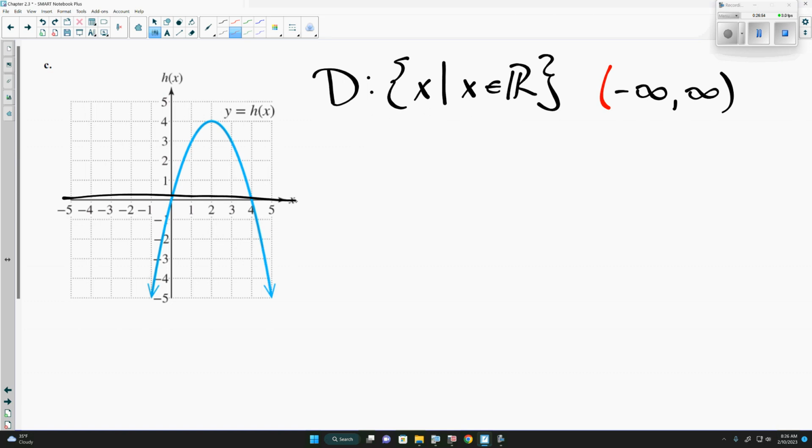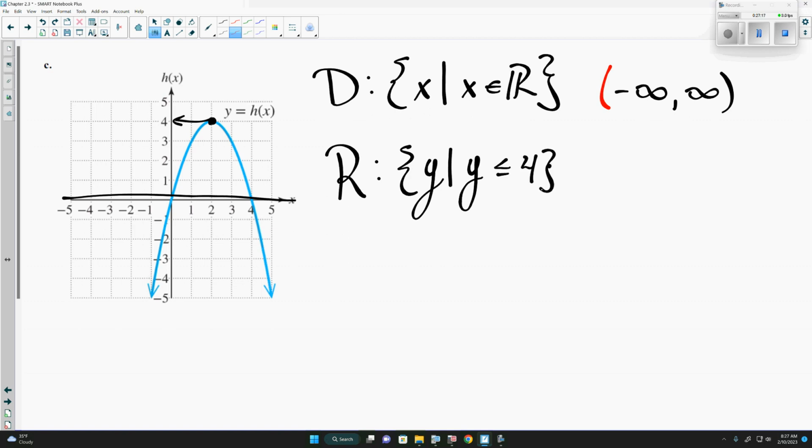Now the range. This quadratic is opening down, yes? So it has a biggest point, and the biggest point is right here with a y value of 4. So we're saying for all real numbers y such that y is less than or equal to 4.